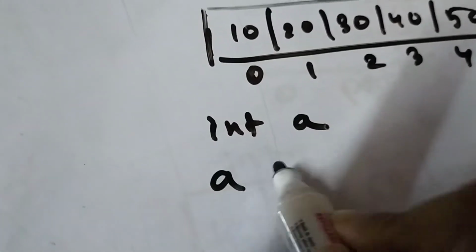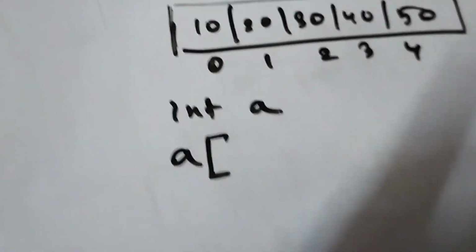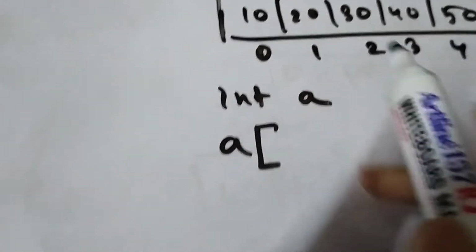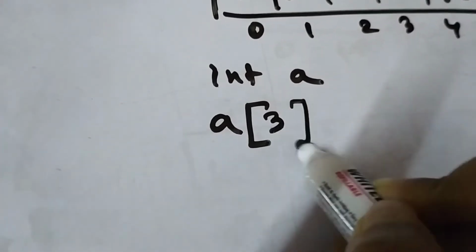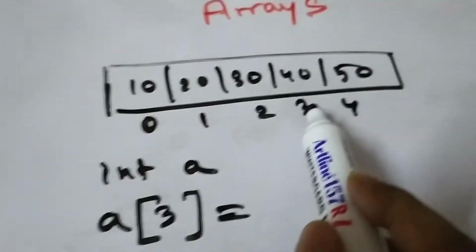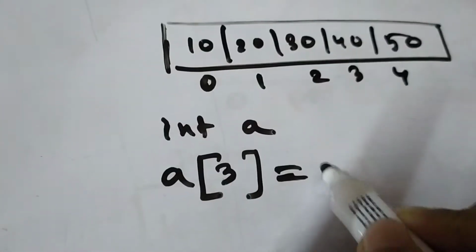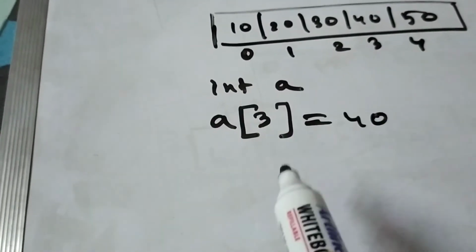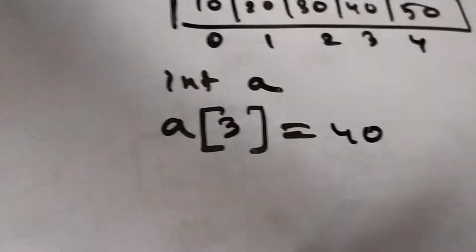Now I am initializing a equal to the array at index number 3. It will give the value corresponding to this index number, that is 40. In this way we designate a particular value in an array.